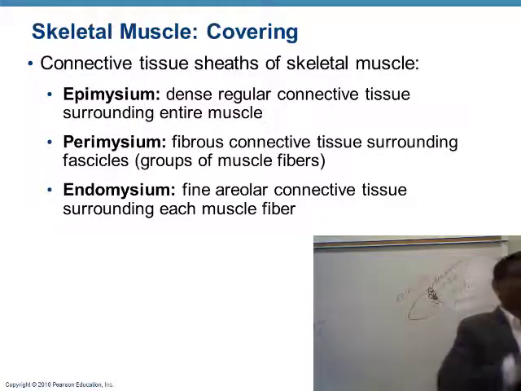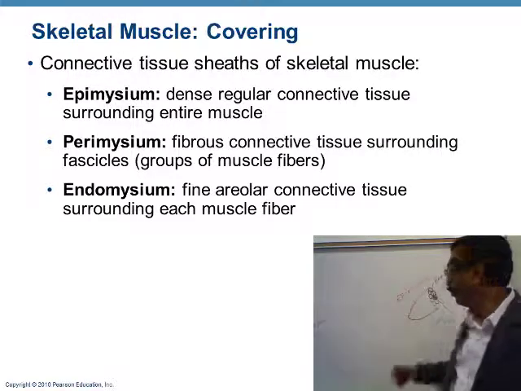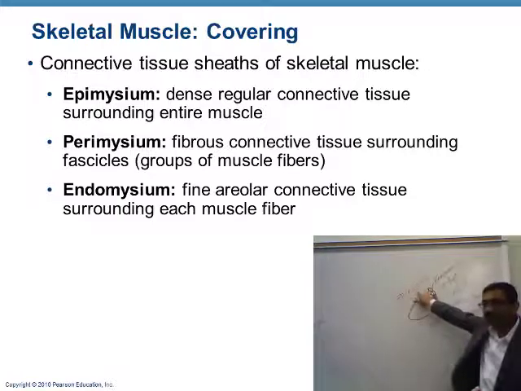So those are three coverings in the skeletal muscle. Epimysium covers the whole muscle, perimysium covers the fascicles, and then inside the fascicles you have the fibers. Those are covered by endomysium. Epimysium, then perimysium, then endomysium. Okay.